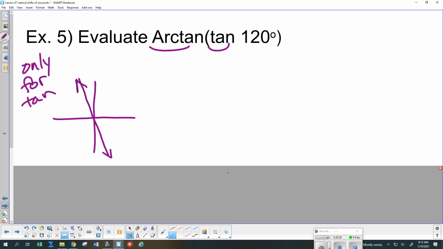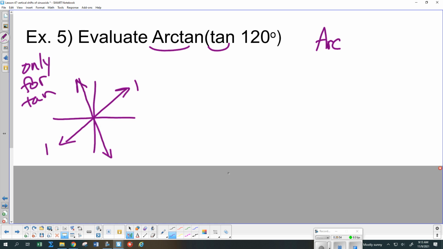at both of those positions, isn't your tangent negative root 3? They are 180 degrees apart. If we wanted to take this one, isn't your tangent positive 1 for both of those angles, first and third quadrant? Because of that, we have something special that we can do when we're doing arctan of the tangent.